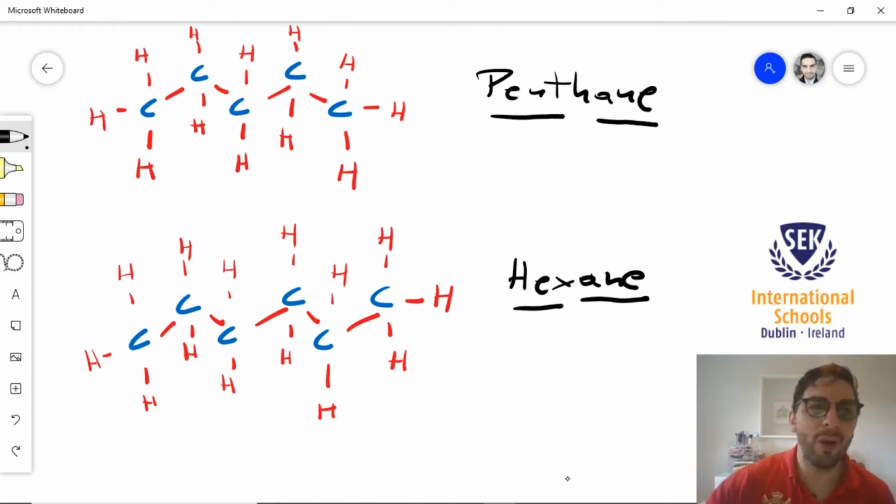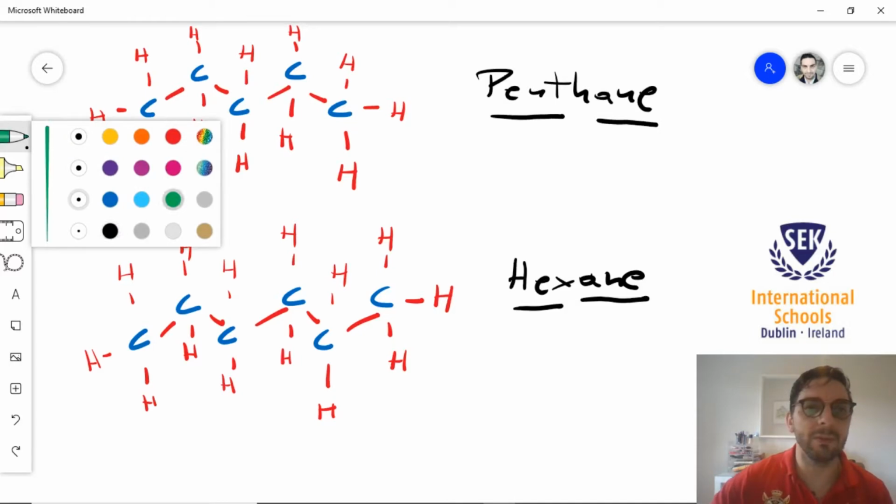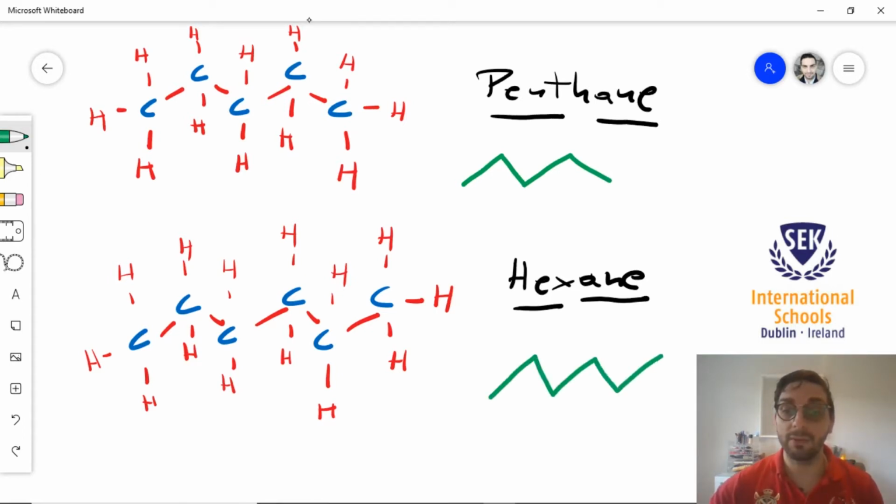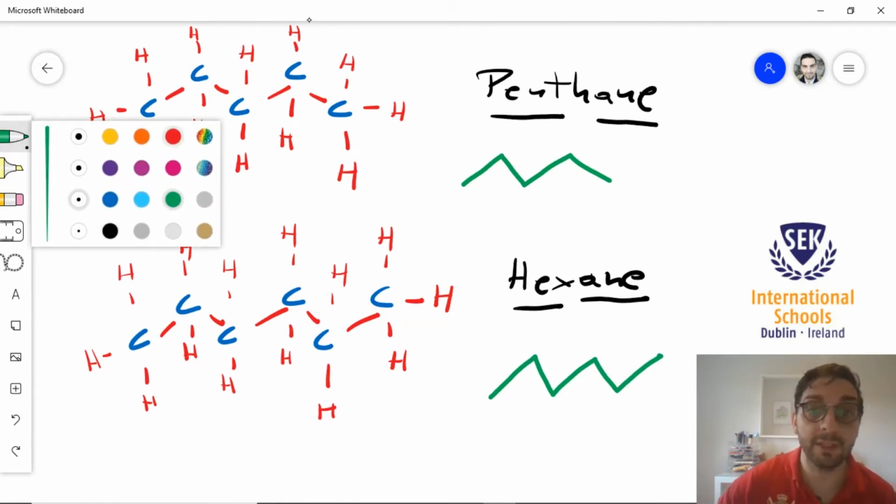But we know a much simpler method of writing this without all the C and H's, because this is a bit messy. So how is this? Pentane, 5: 1, 2, 3, 4, 5. Hexane: 1, 2, 3, 4, 5, 6. Let's make it more clear. Look how many carbons.